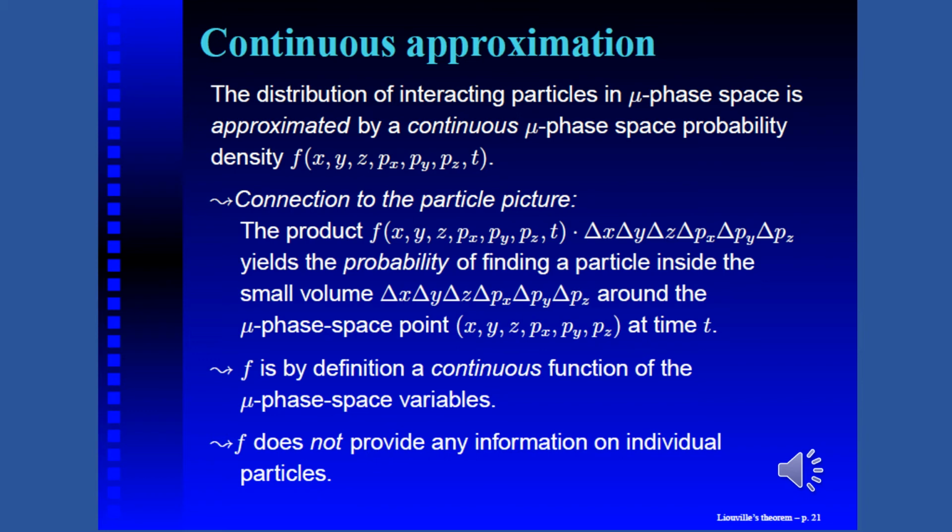Now the connection to the particle picture: the product of f of x, y, z, px, py, pz, t and delta x delta y delta z delta px delta py delta pz yields the probability of finding a particle inside a small volume delta x delta y delta z delta px delta py delta pz around a mu phase space point x, y, z, px, py, pz at the time t. F is by definition a continuous function of the mu phase space. F does not provide any information on the individual particles, but it gives information on the system of particles, or the number of particles.